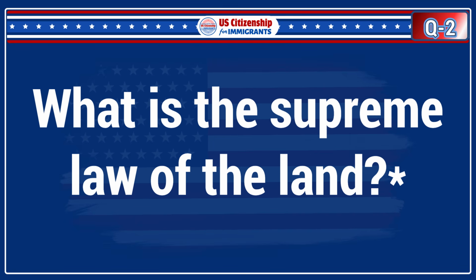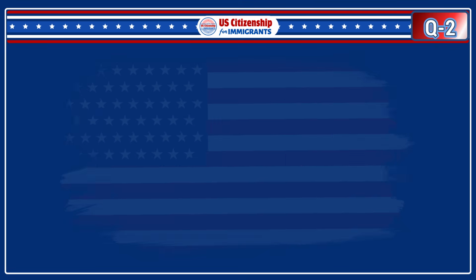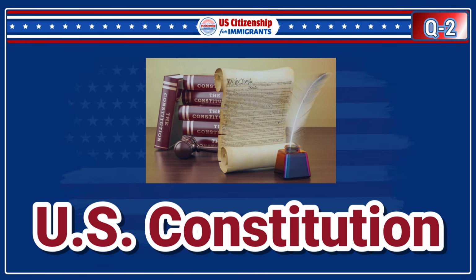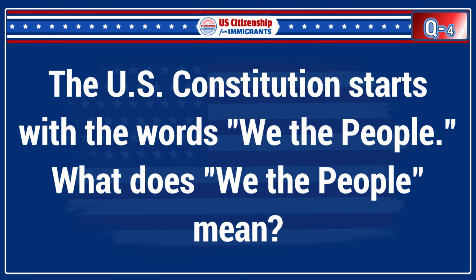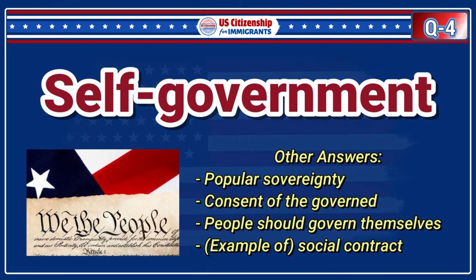What is the supreme law of the land? U.S. Constitution. 4. The U.S. Constitution starts with the words, "We, the people." What does "we, the people" mean? Self-government.